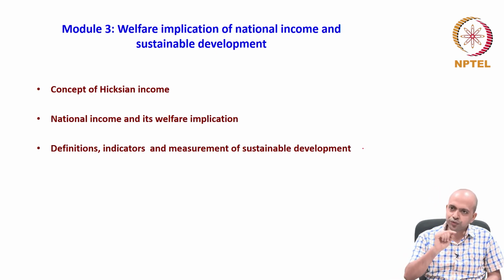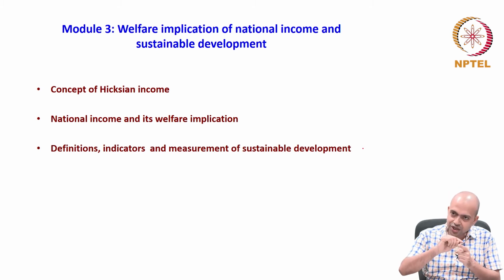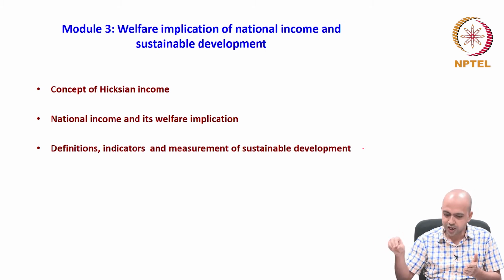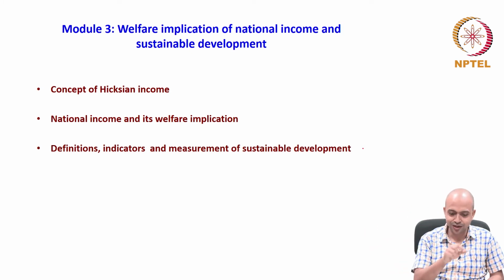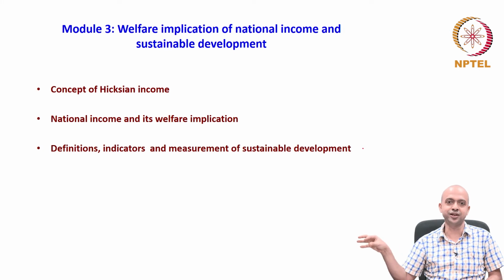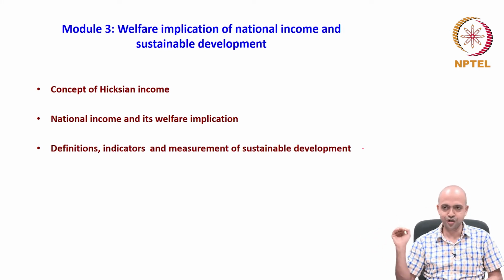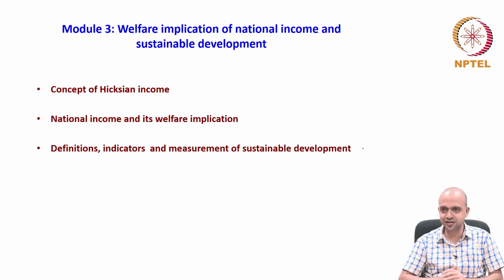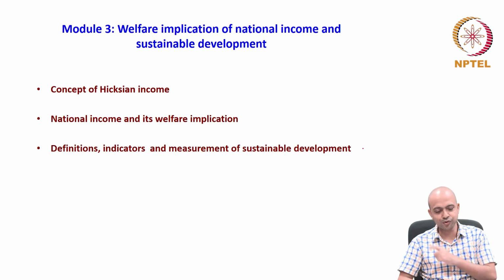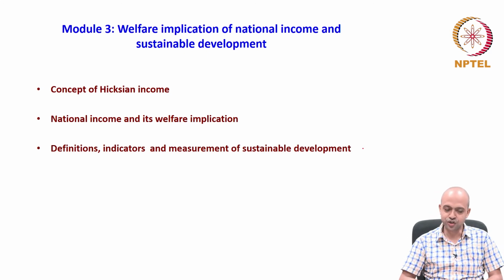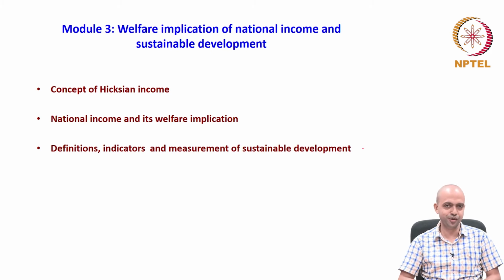So we will try to understand the implication of income on welfare, and that will tell us what the link between income and sustainability is. Once we establish that link between income and sustainability, then we are going to discuss the definition, indicators, and measurement of sustainable development.